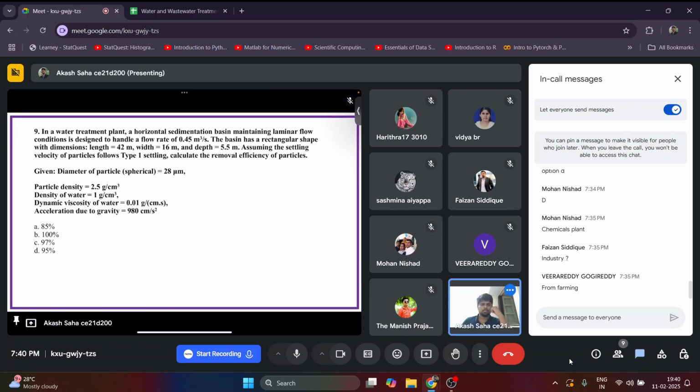We can check. The answers will be very small, so it will be in 10 raised to power something. If you are converting everything to meter per second, it's better to convert every answer in meter per second. That is the standard unit, so that there will be no problem when we are finding out other parameters.